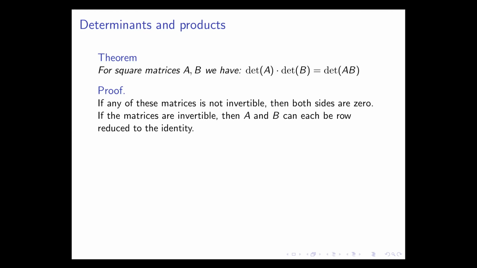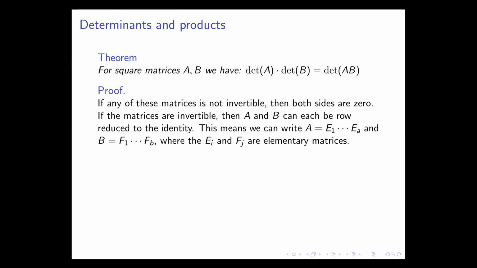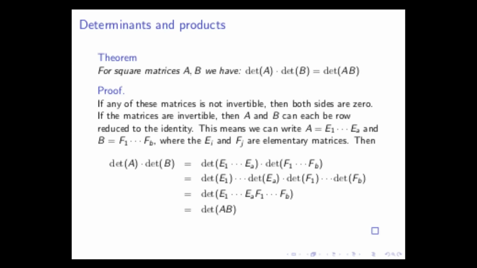If the matrices are invertible, then A and B can each be row reduced to the identity, as we have seen. That means we can write them as products of elementary matrices E1 through EA and F1 through FB, corresponding to the respective row reductions.